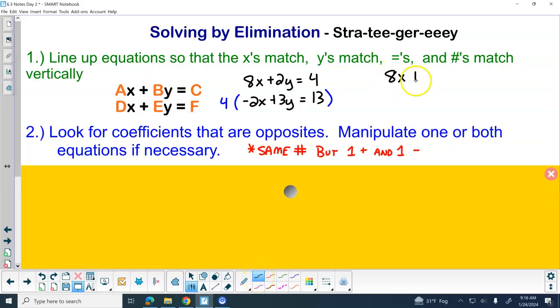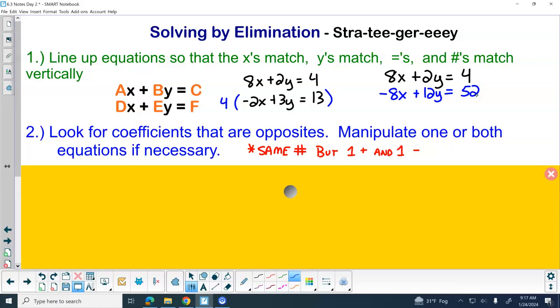I don't touch anything on the top equation. I leave that as is. If I multiply that entire bottom equation by 4, now I get negative 8x plus 12y equals 52. And I have a positive and a negative 8 in front of as my x coefficients.